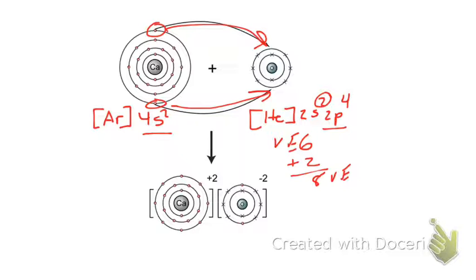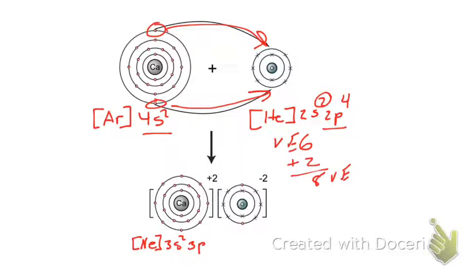As a result, we can see all of this. Calcium is now going to have an electron configuration of neon, 3s2, 3p6, because it has a new valence shell.